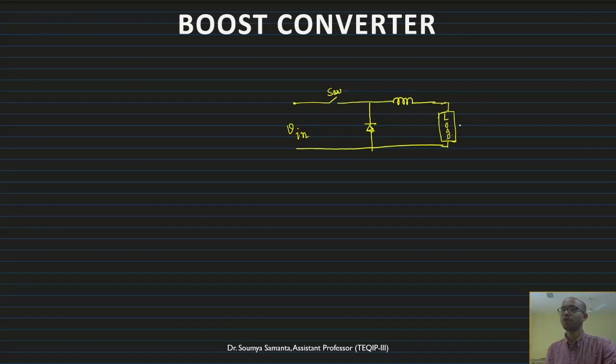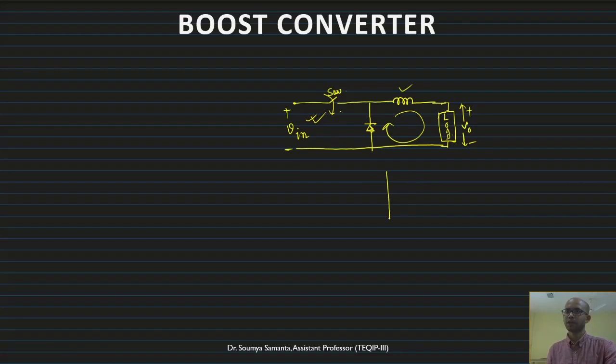The output voltage is, suppose, VO. Whenever we turn on the switch, the input is connected to the output, and along with this the inductor is charged. Whenever we turn off the switch, the inductor freewheels through the diode. This is the basic operation of the buck converter.